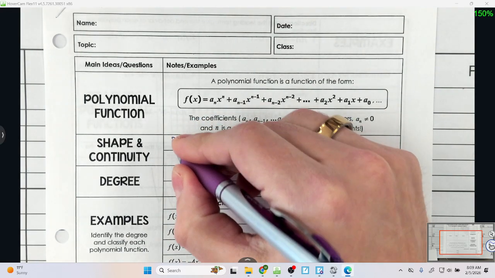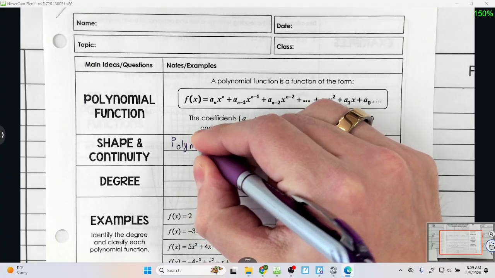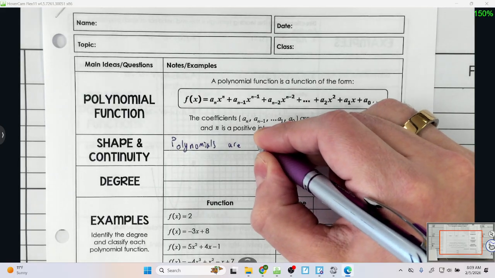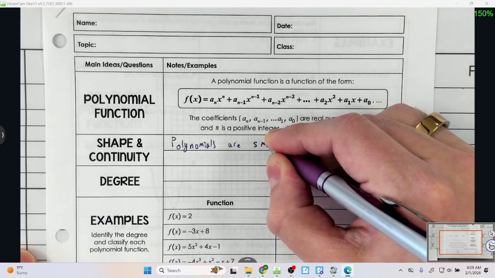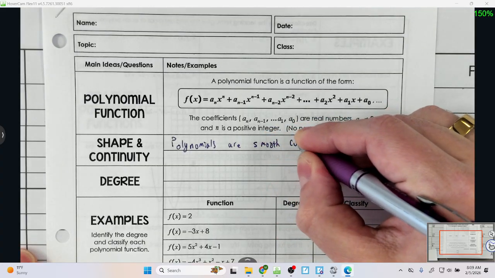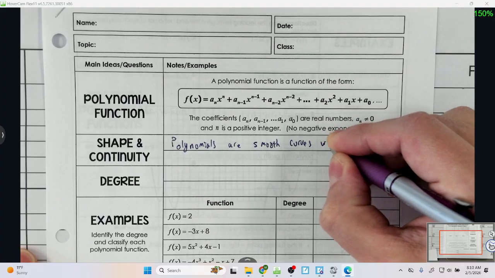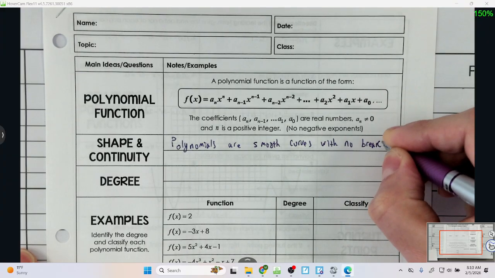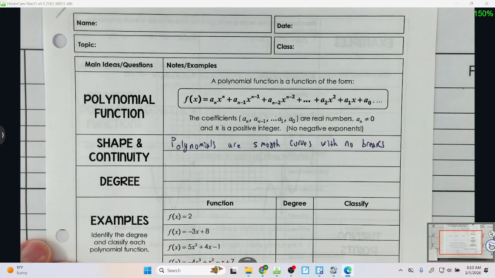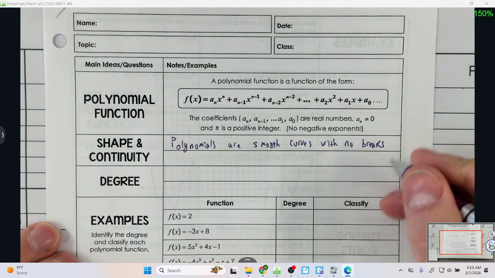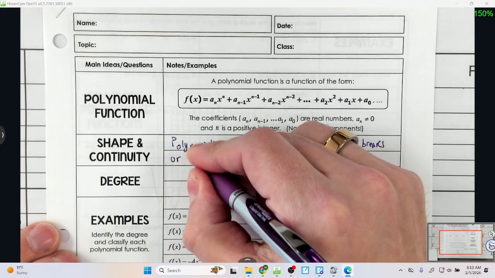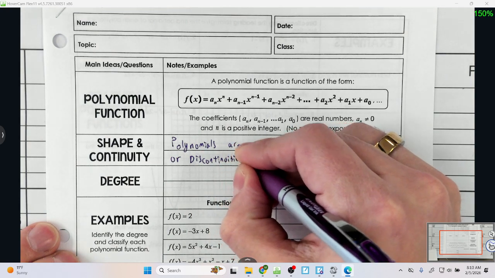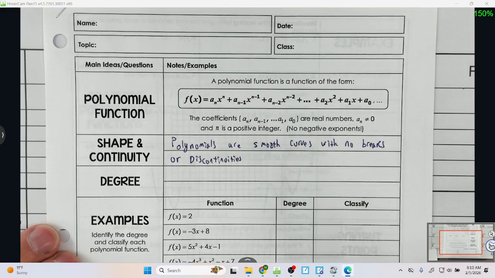Polynomials are smooth curves with no breaks, and they're continuous for all real numbers, or no discontinuities. I don't know if you know the term discontinuities, but we kind of talked about it very informally.